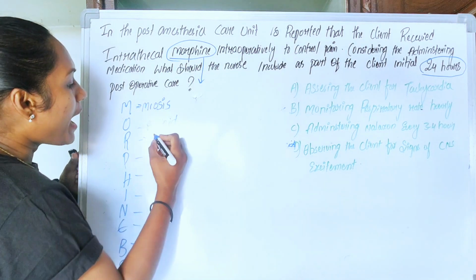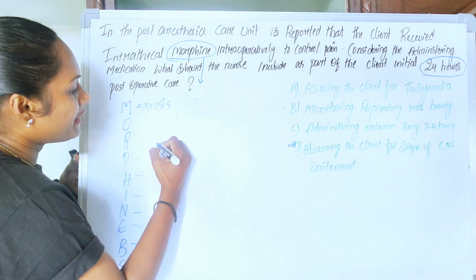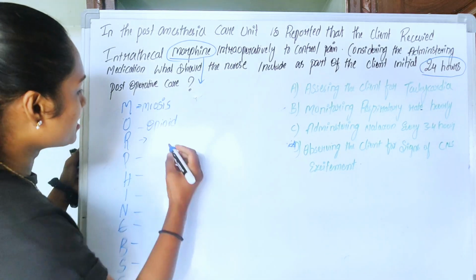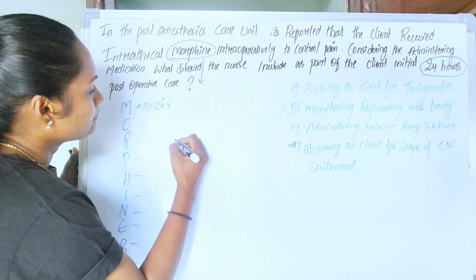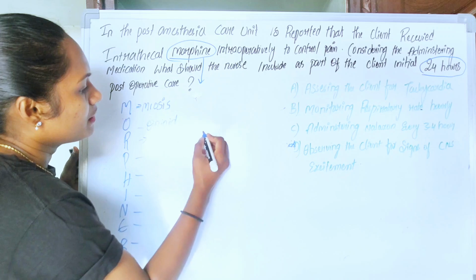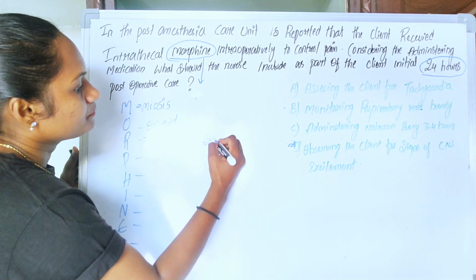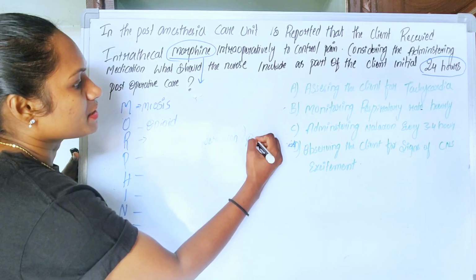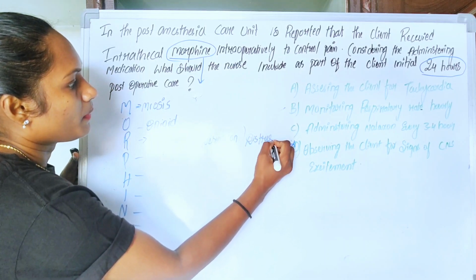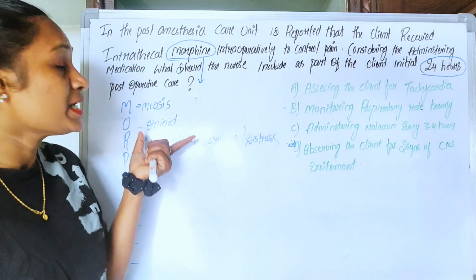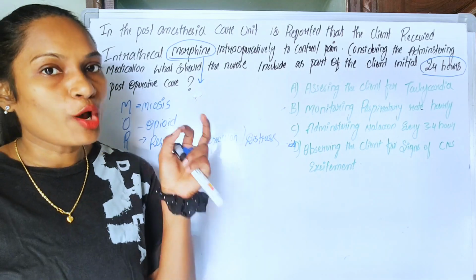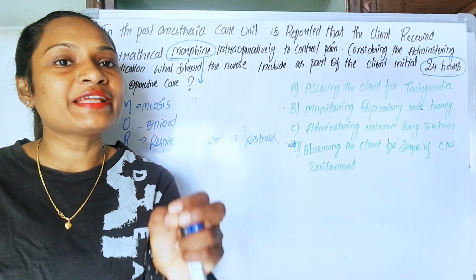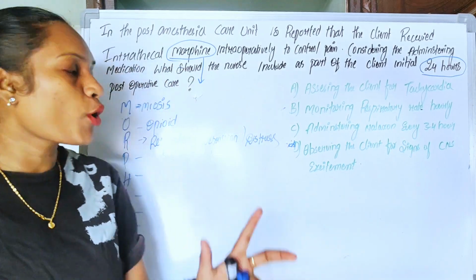Next, R means respiratory depression or distress. Respiratory rate is very important in morphine.